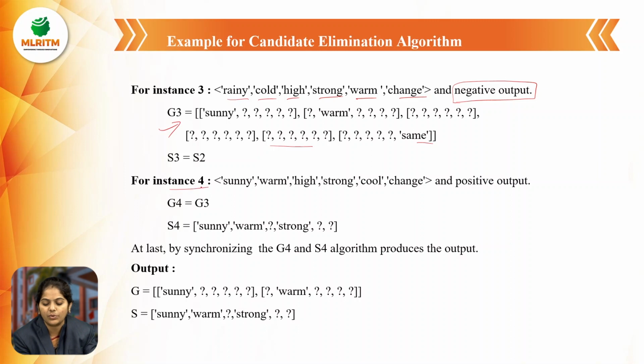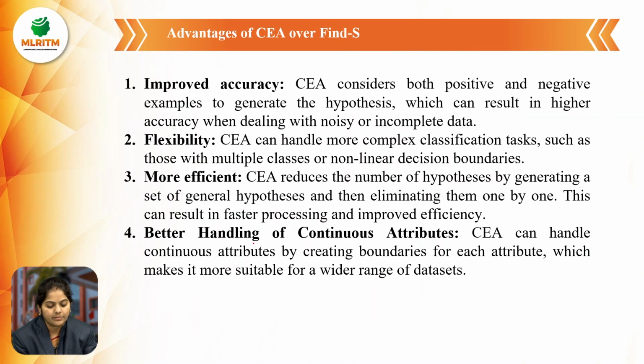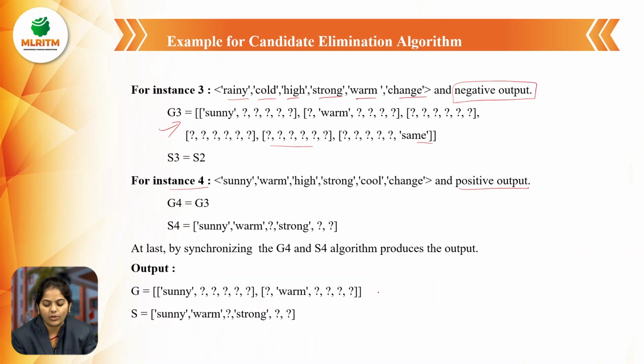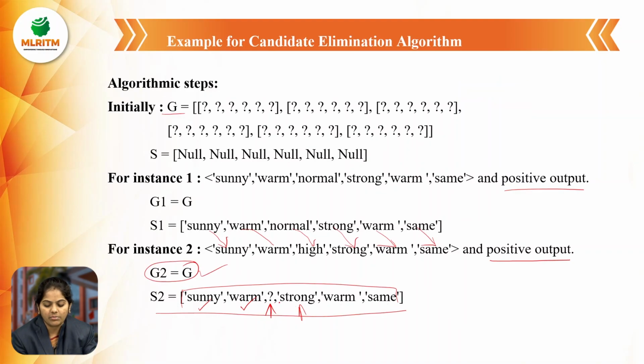And for instance 4, it again comes with a positive example, and we'll compare it with the previous example output. So sunny is compared with this specific hypothesis, sunny, warm, ?, strong, warm, same. Here we have the same sunny, again warm, again a question mark.